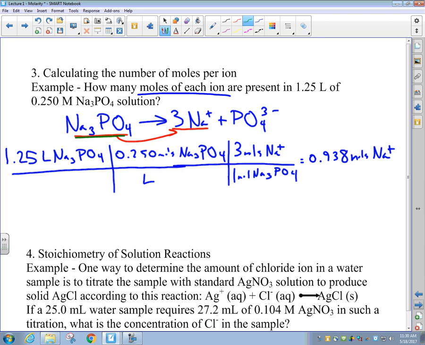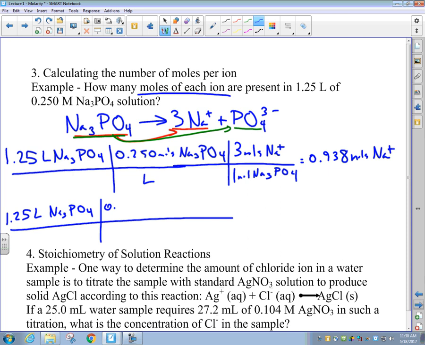We now have to do the exact same start of a monorail, and ultimately, instead of going to the sodium ions, now in our second monorail, we're going to solve for the phosphate ions and have a 1-to-1 ratio. First 2 steps will look exactly the same. We start with the volume of our solution, the bottom part of our mole map. We're going to multiply by the concentration, 0.250 moles per liter of the sodium phosphate.